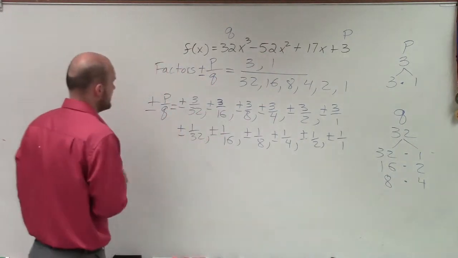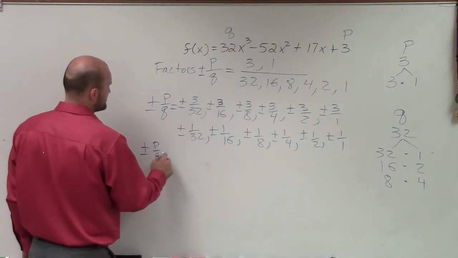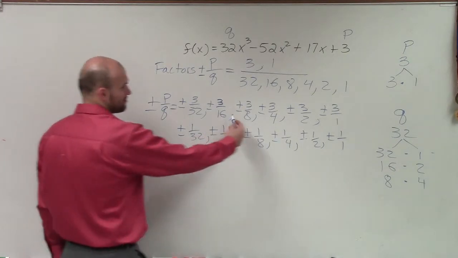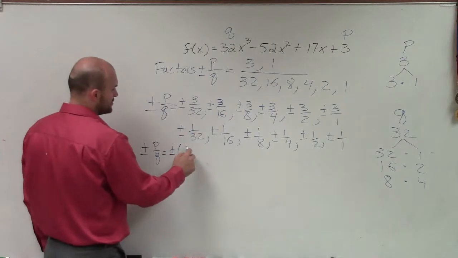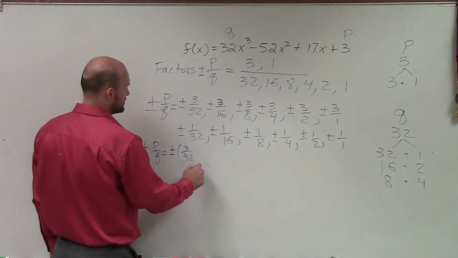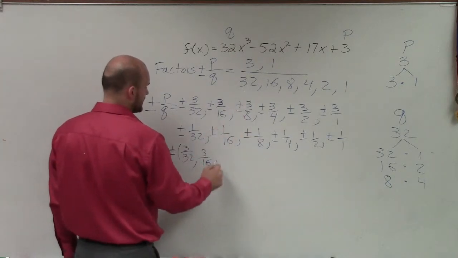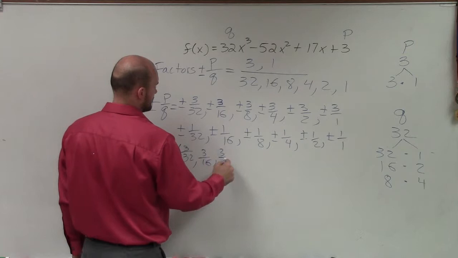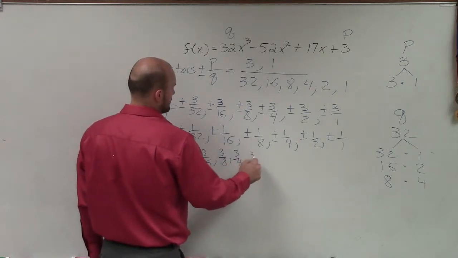Now let's go ahead and simplify this just so it makes a little bit more sense. Plus or minus p over q, a lot of times when I'm writing these, I'll just do the plus or minus on the outside, so I don't have to write plus or minus for all of them. And then let's simplify. 3 over 32 we cannot simplify, so I'll just leave that as 3 over 32. Can't simplify 3 over 16, nor 3 over 8, 3/4, 3/2.